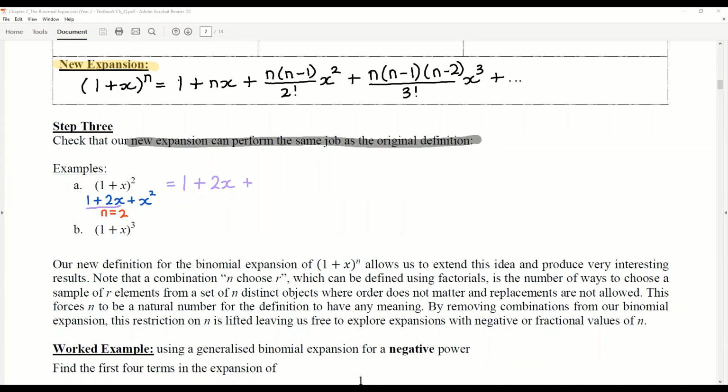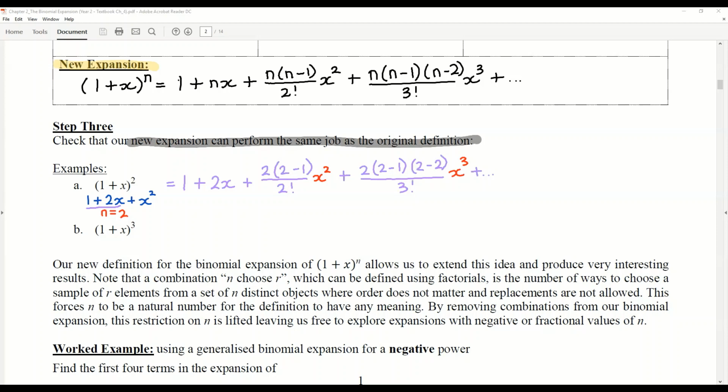Now, if we use the definition, we're going to have n, which is 2, multiplied by n subtract 1 over 2 factorial, and that's the coefficient of x squared. And then we're going to add the next term: n multiplied by n subtract 1 multiplied by n subtract 2 over 3 factorial, and this is the coefficient of x cubed. And there might be more to come, so I'll just put plus dot dot dot here.